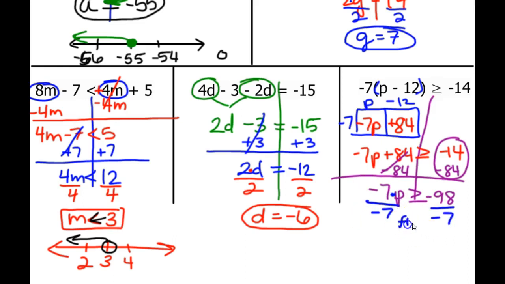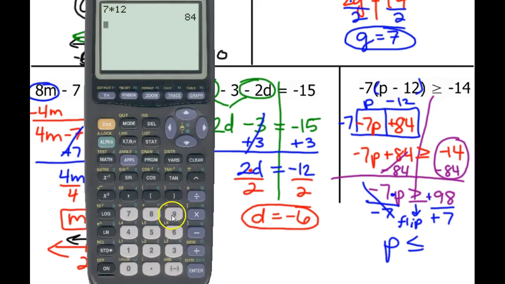Be careful, whenever you multiply or divide by a negative, you have to flip your symbol or flip the sign. P, and then two negatives here, multiply or divide to make a positive, and then 98 divided by 7 gives me 14.